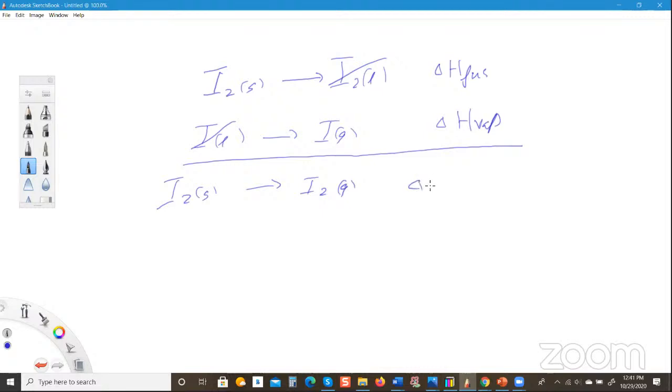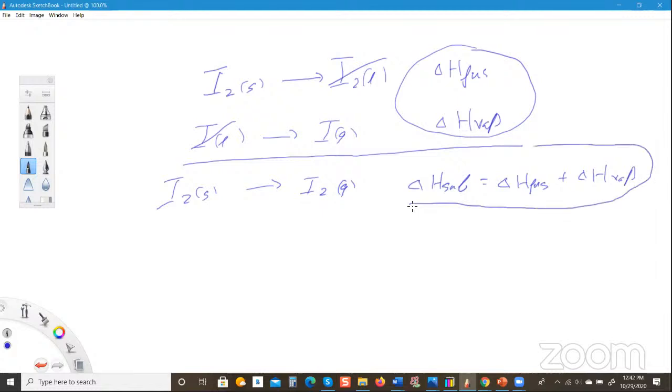And the enthalpy of that would be the enthalpy of sublimation, which, if you use Hess's law, means that you have to add these two to get this, so that would be equal to enthalpy of fusion plus enthalpy of vaporization. So this is basically just me showing you why this equation is true based on Hess's law as applied to these three changes of state.